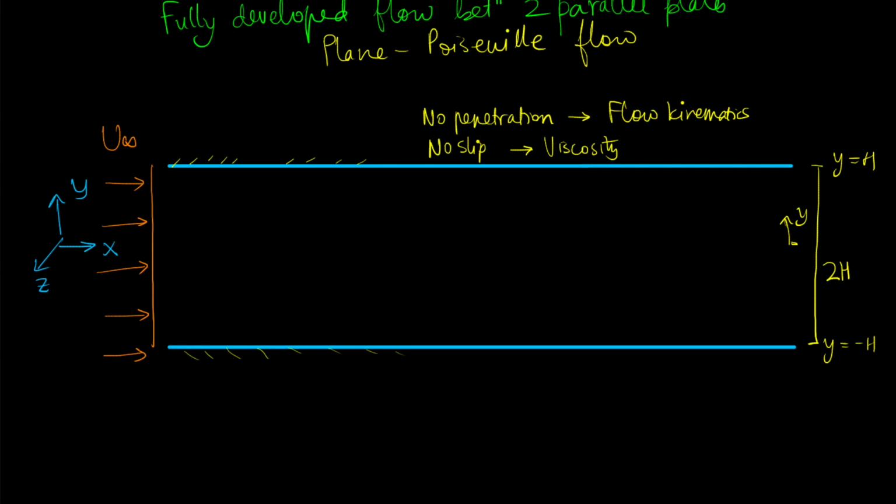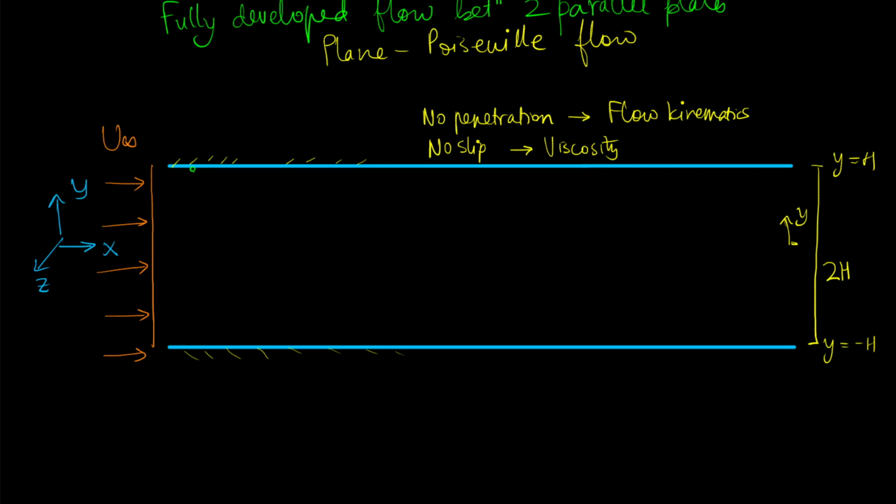So the effect of viscosity first affects the fluid layers near the wall. So fluid layers near the wall will immediately go to zero velocity. But the effect of viscosity has not propagated, meaning the layers away from the wall will still have this kind of velocity.